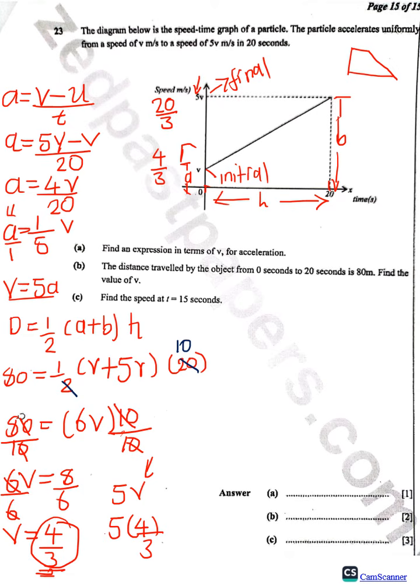Now after we have done this, let's find the speed at t is equal to 15. Okay, let me first get rid of this. Okay, so now let's see. Let's say this is where our 15 seconds is here.